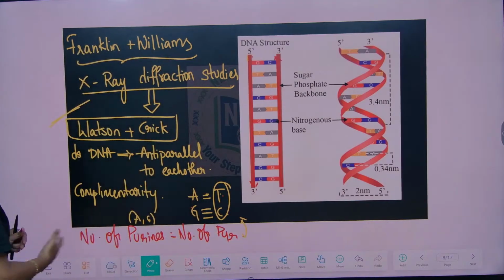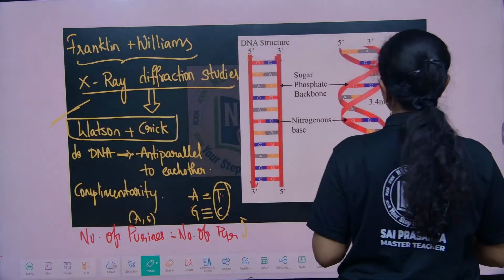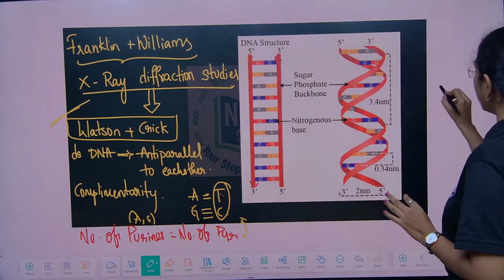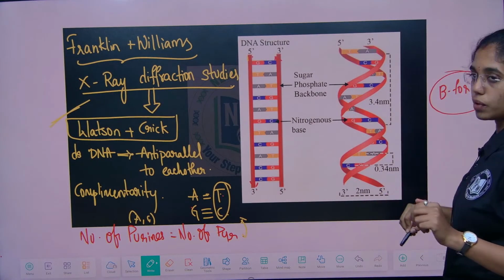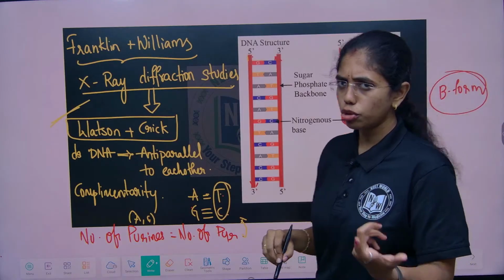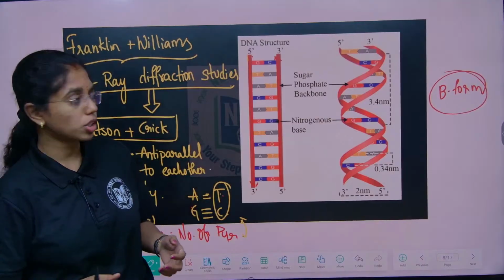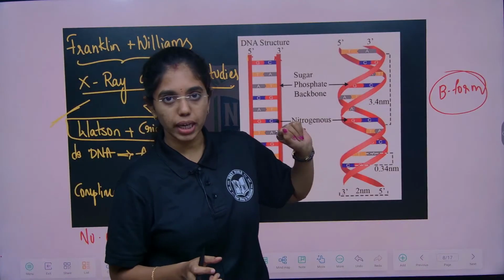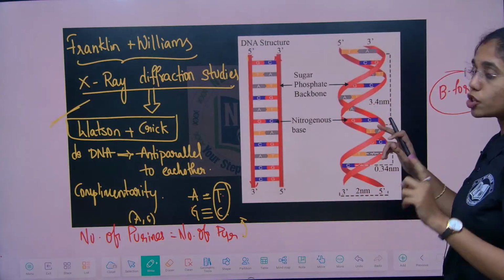Fourth point, the number of purines is equal to the number of pyrimidines. Fifth point, a complete turn of a stable DNA is noticed as B-form DNA. Today we will learn 3 forms of DNA as well. But remember, in our cells, human cells or normally functioning, metabolically active cells will have B-form DNA, wherein a single turn is addressed as 1 pitch.